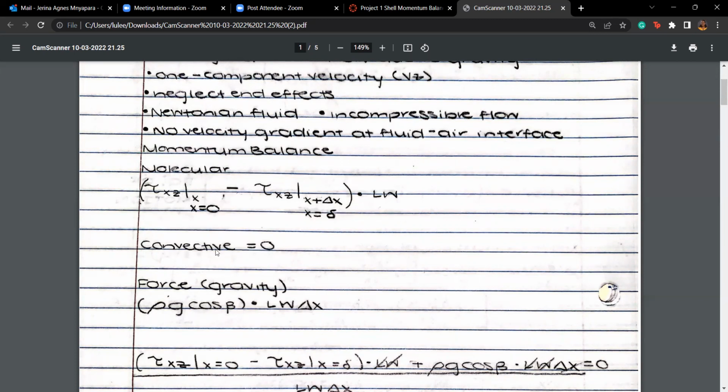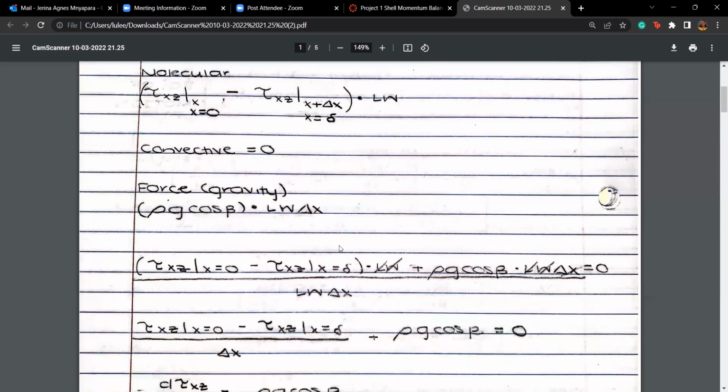And our convective transport is 0 because we are assuming it's steady state. And here we only have gravity as a force, which is rho g cosine beta times the area, which is the length times the width times delta x.